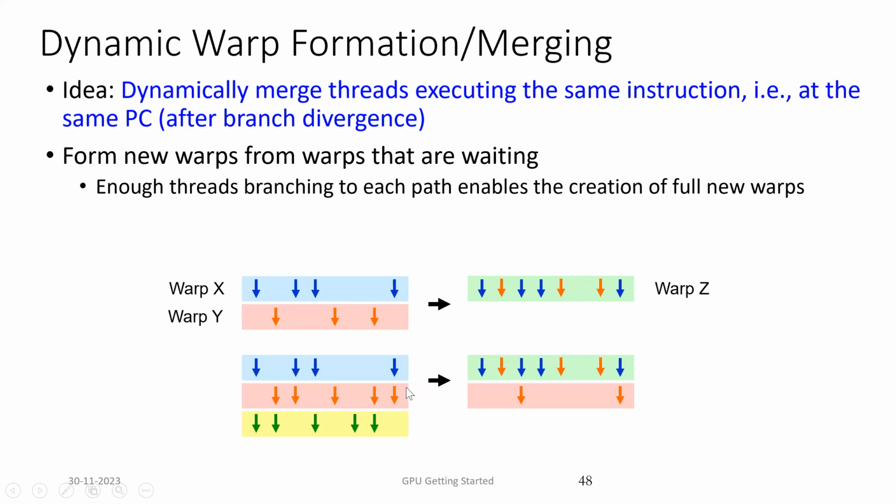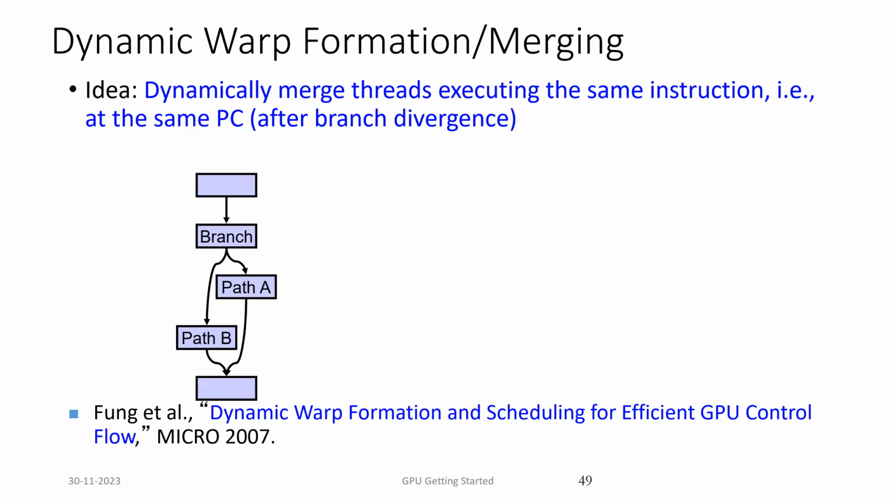Now after some time, let's say there was some other warp from which we can group again. So here the orange and green threads are now grouped to form a new warp. All of them are again executing the same set of instructions, right? So this is dynamic warp formation, right?